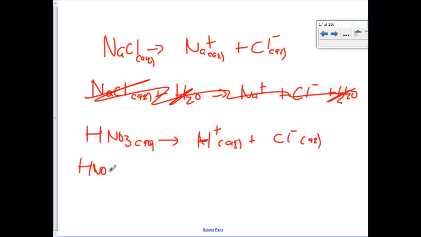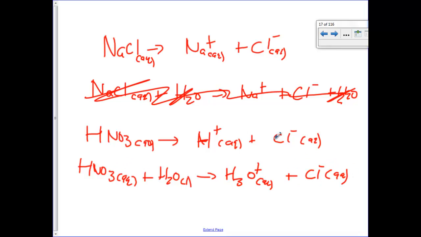So the other way of writing it is HNO3 plus water, and the hydrogen hides inside the water, becoming H3O+, and still NO3-. Both of these are valid ways of writing ionizing, whereas the first is the only way we typically write dissociation.